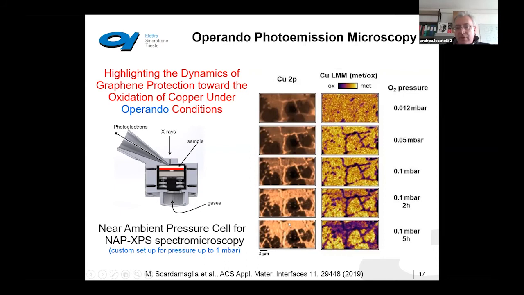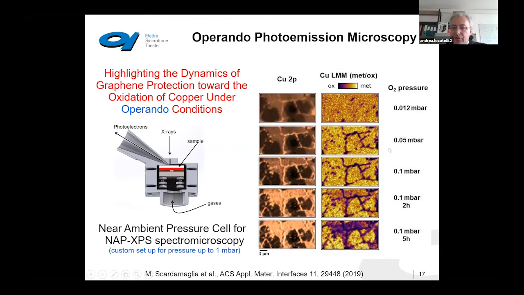And here on the right-hand side, you see a copper crystal on which there are dark places, which are graphene islands, and they expose it to oxygen to check how the surface becomes oxidized at near ambient pressure. And you clearly see that the copper is probed by this Auger peak here, and where you see a yellow color, it means that the surface is still metallic, whereas the oxide is rendered in violet.